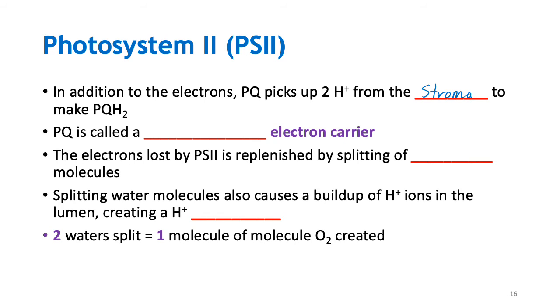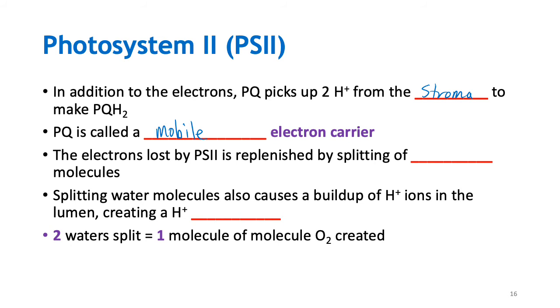Remember, I told you the stroma has similarities to the mitochondrial matrix in mitochondrial oxidative phosphorylation. And whenever the plastoquinone picks up the two protons and the two electrons, you get the reduced form, the PQH2. PQ is called a mobile electron carrier or transporter.